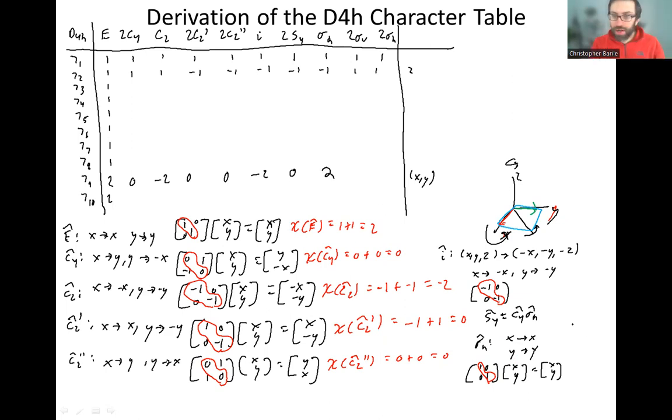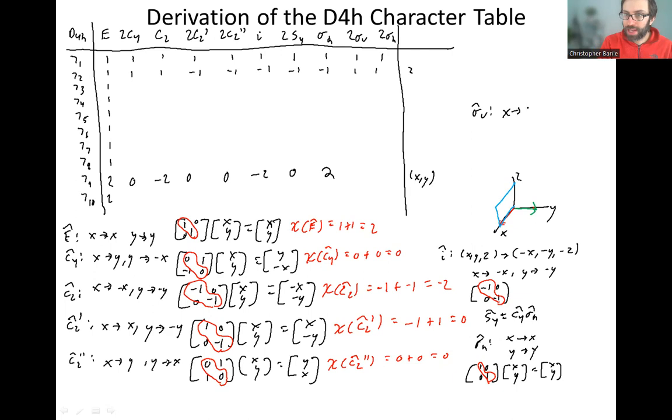All right, and then our last two are the mirror planes. We have the sigma v. Let me erase some of this in here. But the sigma v we have defined as the xz plane. That was what we talked about. And so the x vector is in that mirror plane, so it's not going to do anything.